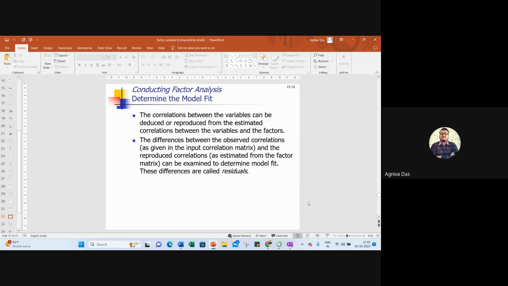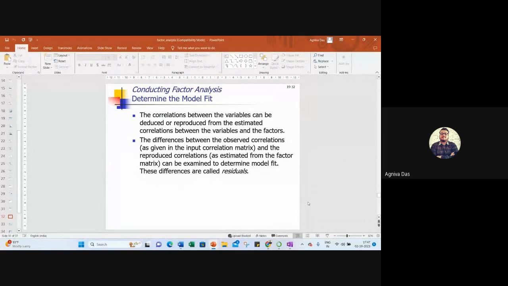Now, how to determine the model fit? The correlations between the variables can be reproduced from the estimated correlations between the variables and the factors, which means that we have the variables, we have the factors, and based on that information we can do this.